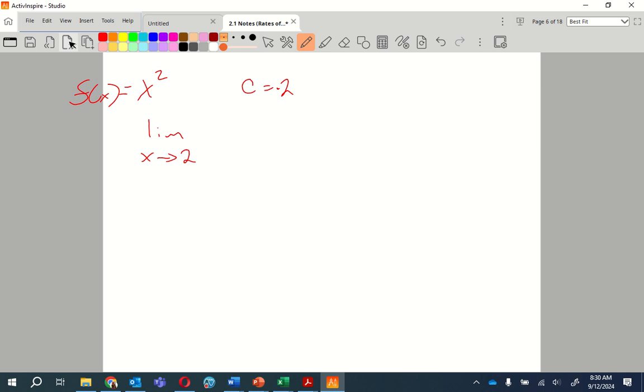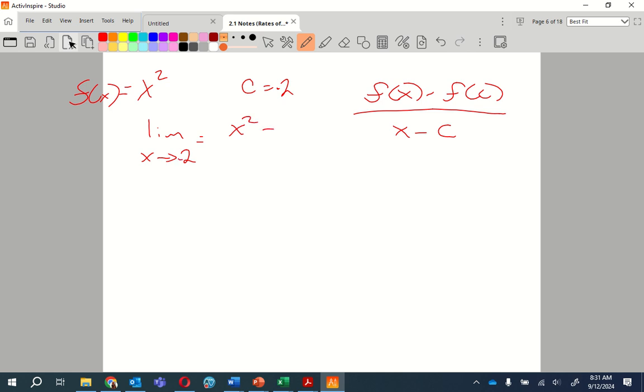So anyway, if it's -2, it's going to be f of x, which is x squared, minus f of c.